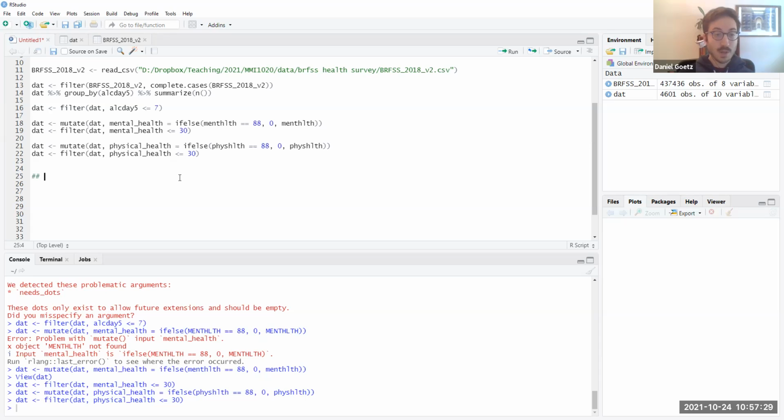But we might expect it to be maybe smaller than mental health, but we'll see in terms of magnitude. So let's do a multiple regression. This will be reg 1, and we're going to regress alpha day 5 on physical health and mental health using DAT.